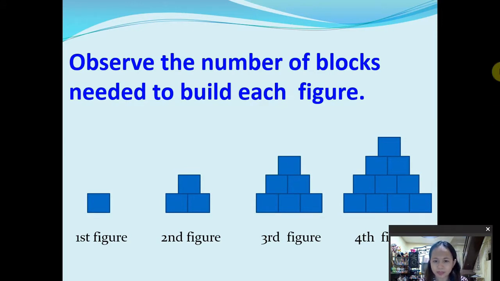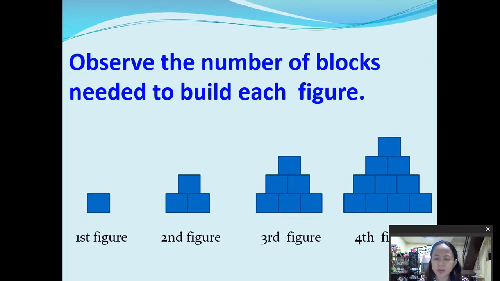So that is simply 3 plus 3. So we come up with 6. Now, what number to be added to 6 to get 10 for the fourth figure? So that is 6 plus 4. We come up with 10.